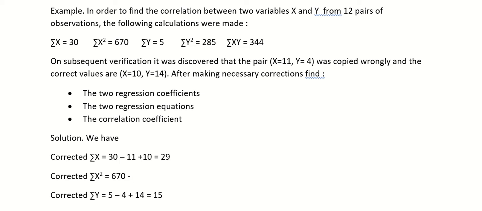The wrong value is 11, so we calculate 11 square, minus 11 square, plus the right value, which is 10, so plus 10 square. Here the answer we have obtained is 649, right? So this is the corrected summation of x square.